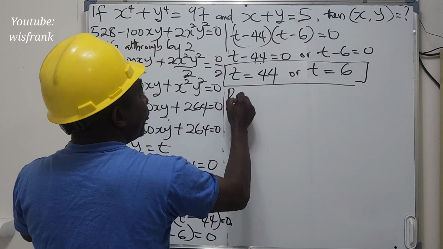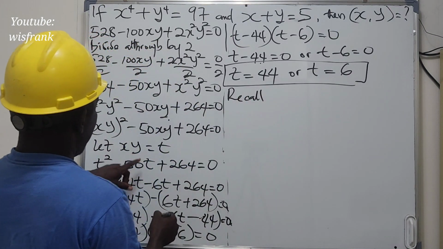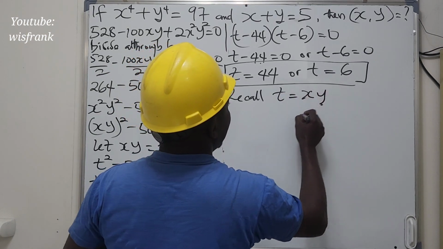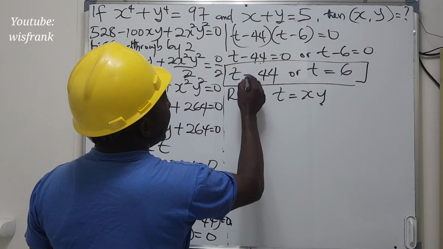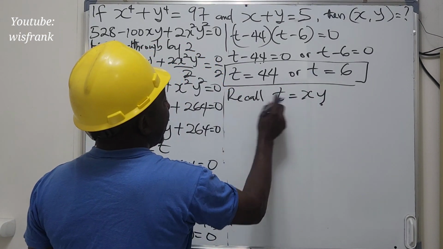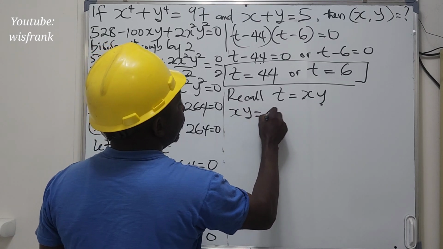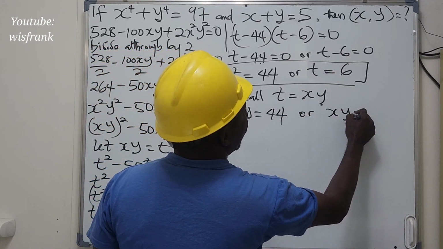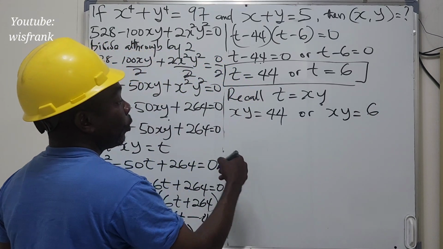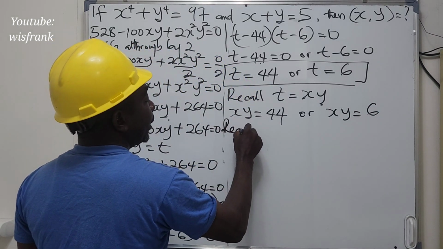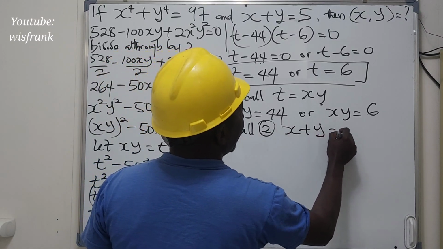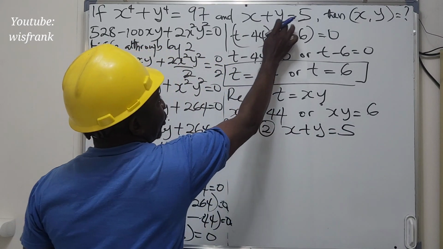And recall that when we have here, we say let t equals xy. So we have this. So here, the first one will be xy equals 44, or we have here xy equals 6. So this is what we have. We recall that from equation 2, we have x plus y equals 5.